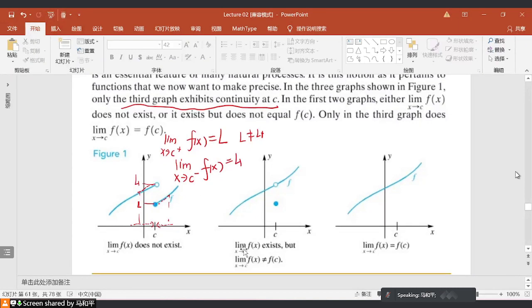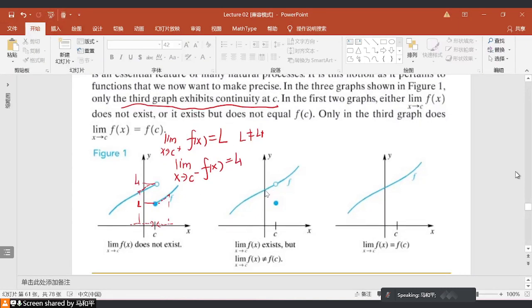And in the second graph, we can find this is not a continuous line, it has an abrupt change. Although the limit exists, we can find the right and left limits are equal.